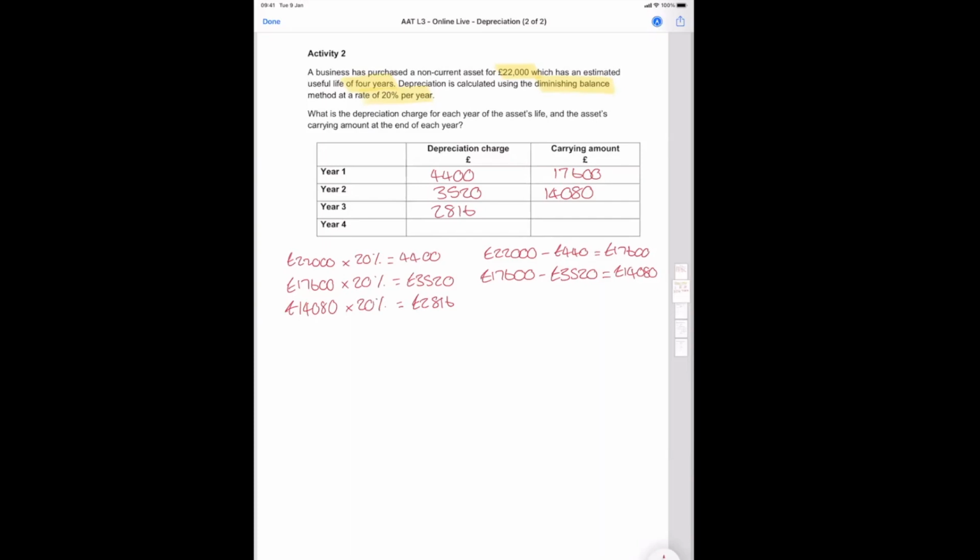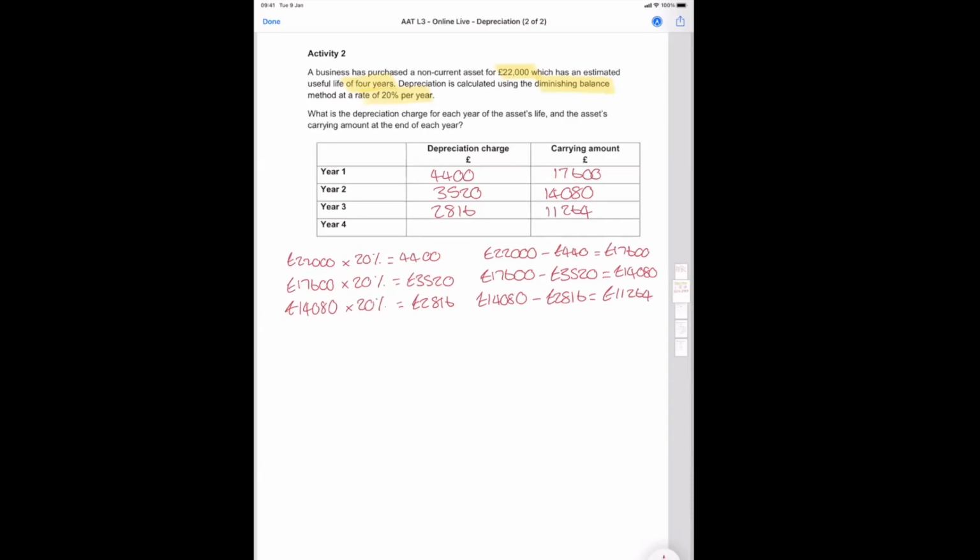And this will give us a carrying amount of 14,080 minus the charge of 2,816, which should be 11,264. Okay, so we can add that into our year three box.